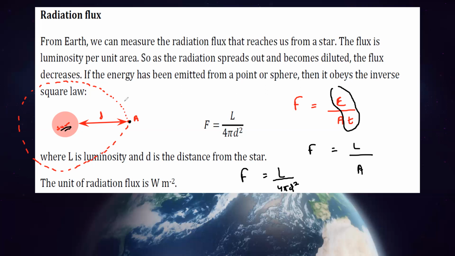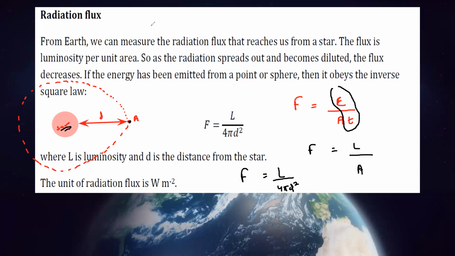So if we want to find the distance between the star and the earth, for different stars, we can use this technique. After identifying the luminosity, if we calculate the flux, how much energy is coming on unit area every second, we can work out the distance between the star and the earth.